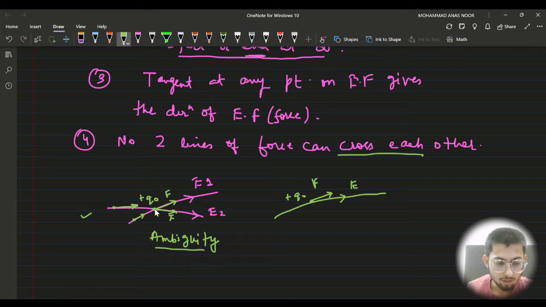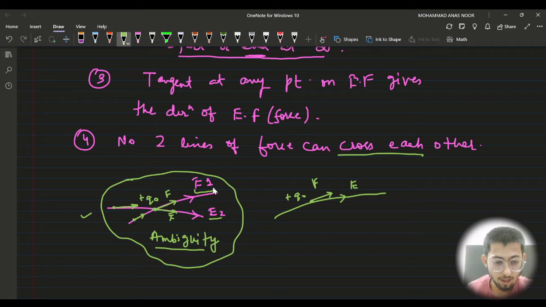According to one field we get a direction in this way, and according to the other field a direction of force in this way. This cannot happen, because there is only one direction in which this charge can move. How can it move in two directions at the same time? It can move either in this way or in this way. So this whole picture itself is incorrect.